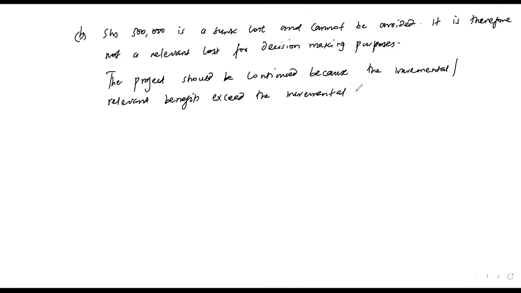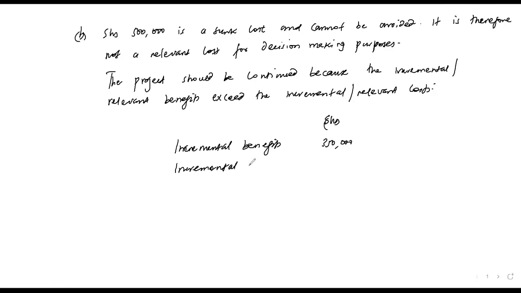Remember, relevant costs are incremental costs. So I have my incremental benefits, that is the future NPV, which was given as 350,000. Then you also have the future cost to be incurred, the incremental costs, which is 200,000.